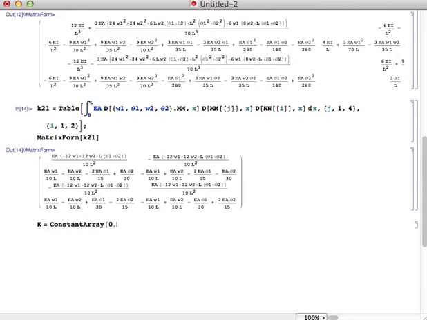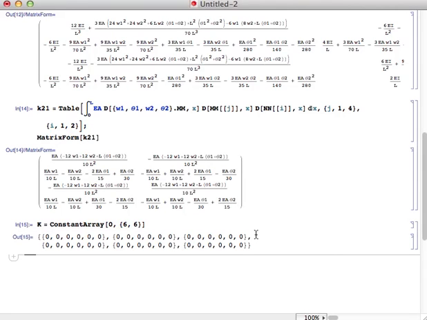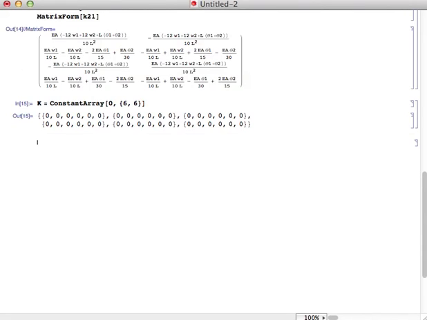Constant array, zeros, 6 by 6, and then K, 1, 2, 1, 2 is equal to K. K, 2, 3, 4, 5, 6 is equal to K. This is 1, 1, 1, 2. Six, 1, 2, K, 2, 1.